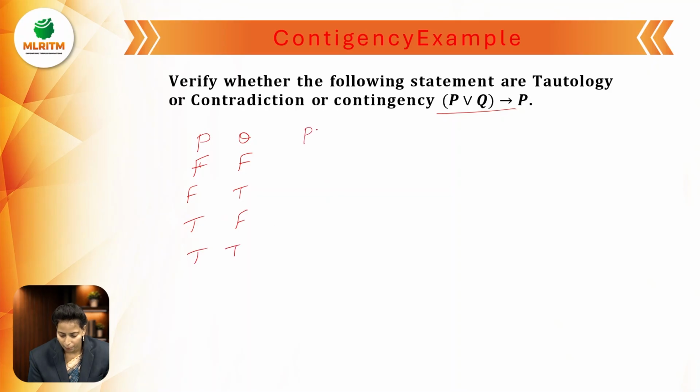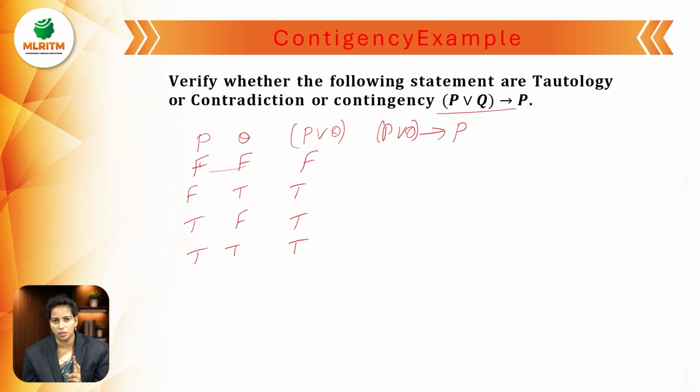So first apply P or Q. The or truth table says if both are false, then the result is false. Otherwise, true only. Next, (P or Q) implies P. The implication truth table says if the first variable is true and the second variable is false, then the result is false.